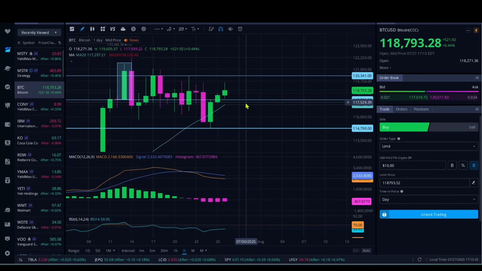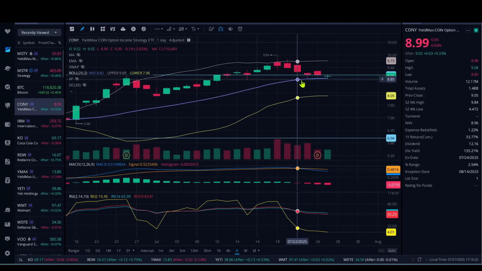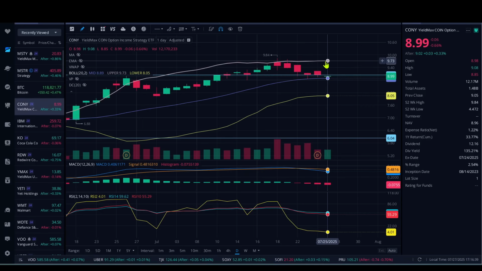So the last one we want to take a look at is CONY, because I did make a purchase in CONY as well. And we will update my spreadsheet on CONY and MSTY here shortly. All right, so here we are on CONY, and we are still slightly above the midpoint of the Bollinger Band, right?